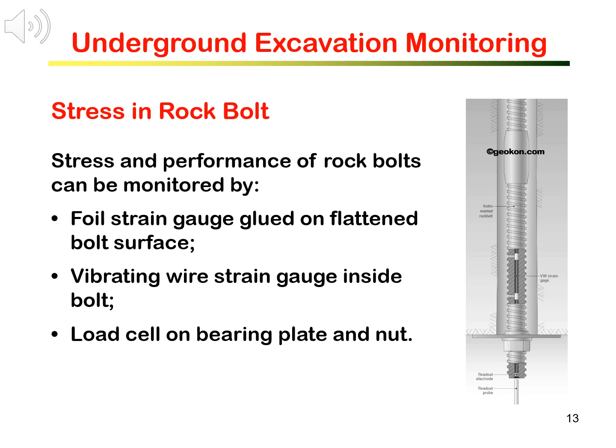Rock bolts can be instrumented by resistive foil strain gauges glued on the flattened bolt side or by vibrating wire strain gauge placed inside the bolt, as shown on the right. Additional monitoring can be done on bearing plates and the nuts using load cells.